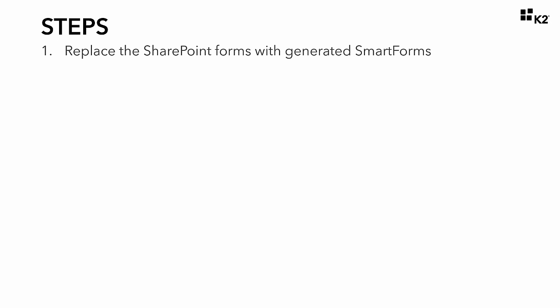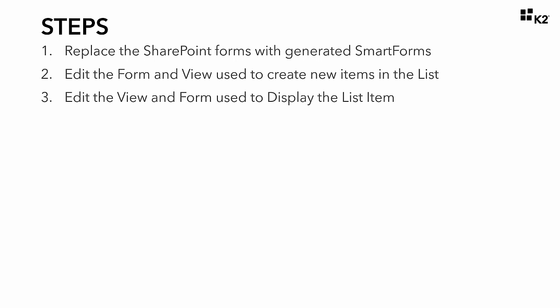Okay, so let's quickly touch on all the steps for this tutorial before we get started. In step 1, you will perform the task of generating the K2 Smart Forms that will replace the default SharePoint forms used to interact with the Hello World list. By performing this task, we open the door for steps 2 and 3, which will involve editing the forms and views to create new list items and display the list items respectively.